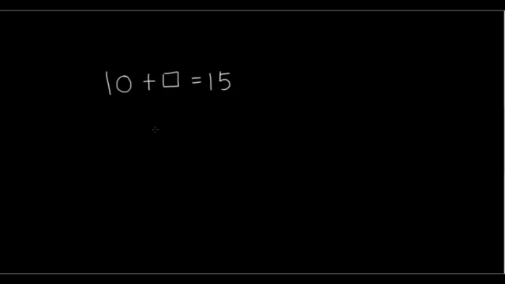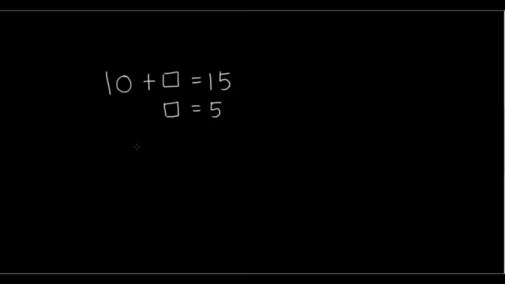Okay, and just by looking at it, you can probably tell that the box is 5. Right, because 10 plus 5 equals 15. So that's one way of doing it, just by guessing and checking.